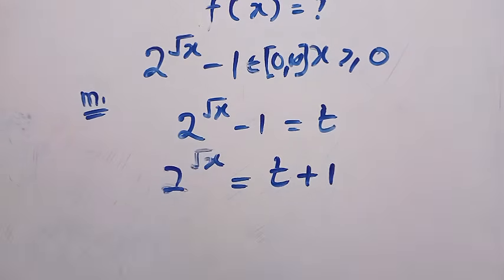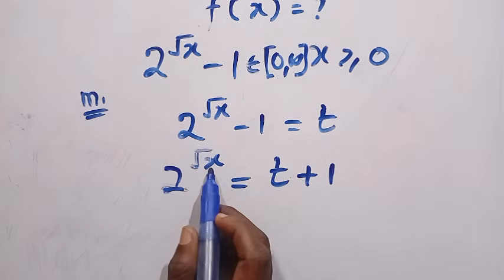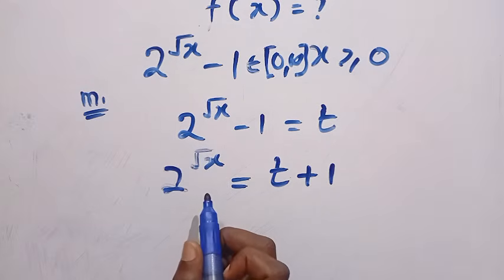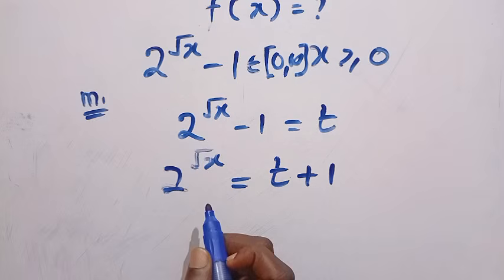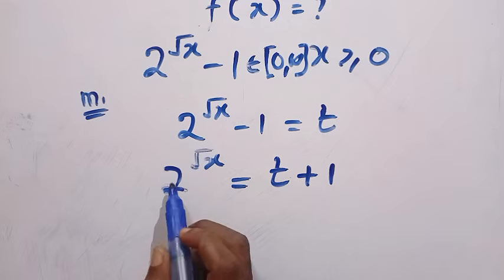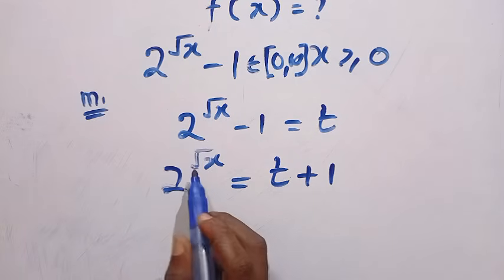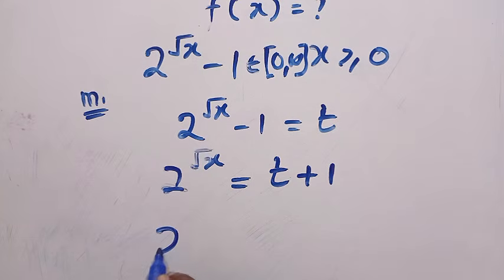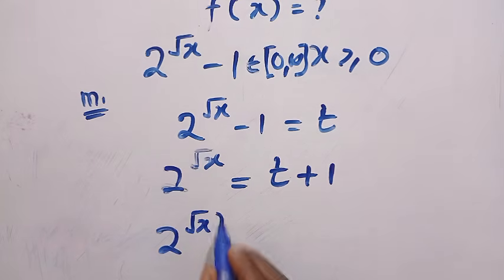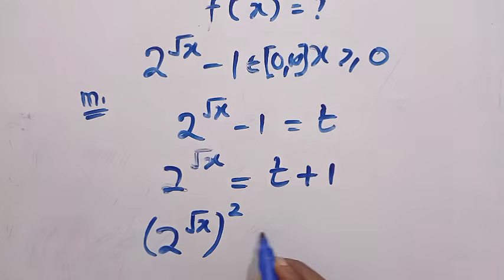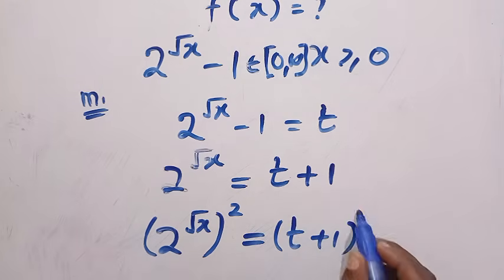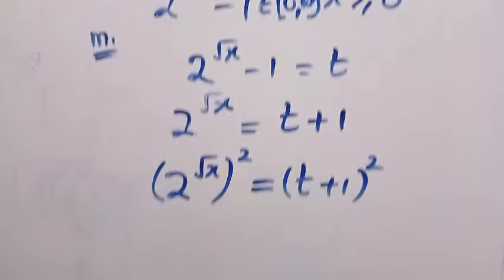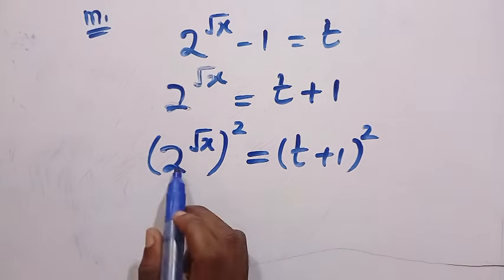So the next step is, I need 4^(√x), because from the other side we have 4 to the power of root x, and this is 2 squared, meaning we are going to square both sides. By squaring both sides, we have (2^(√x))² = (t + 1)². By the rule of indices, (2^(√x))² is the same thing as taking the 2 inside, so we have 2² raised to the power of root x.